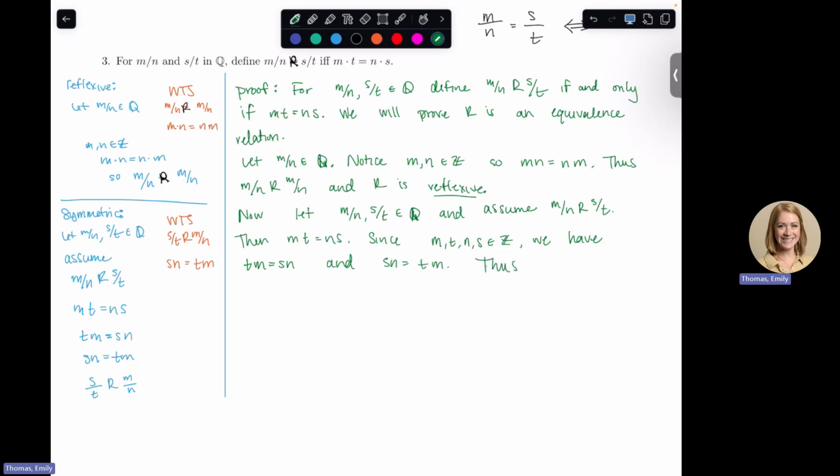Thus, S over T, this is the wonkiest proof for you to walk in the middle of, Eunice, S over T is related to M over N. And R is symmetric. You're not still doing squiggle. Yeah, true.